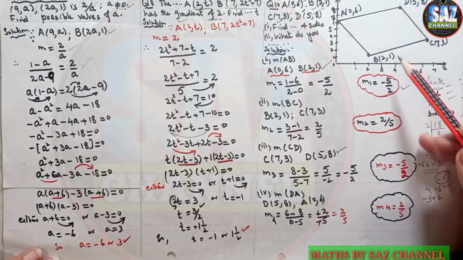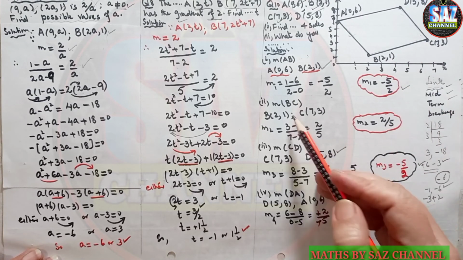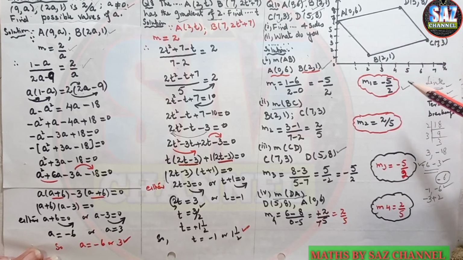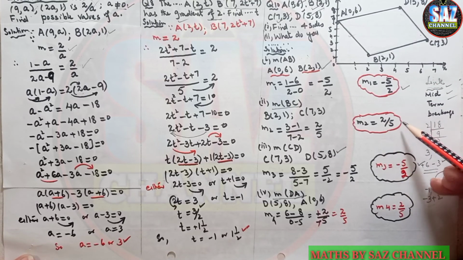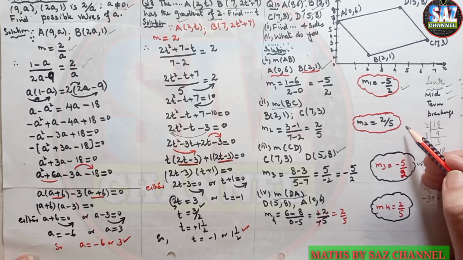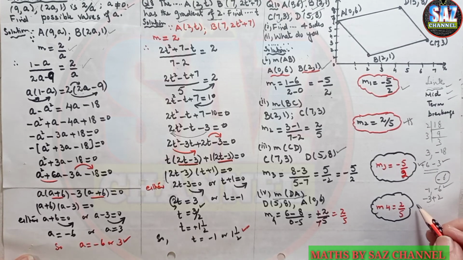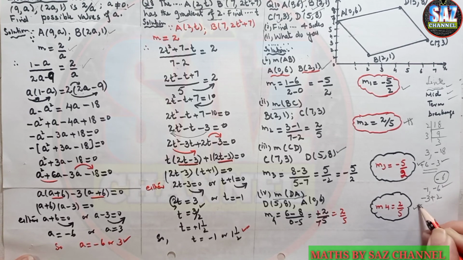Now if you look at BC and AD, they are opposite sides, and if we look at their gradients, the gradient of BC is 2 by 5, and the gradient of DA is also 2 by 5.